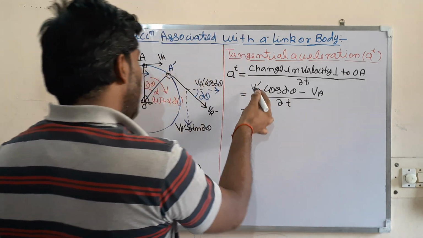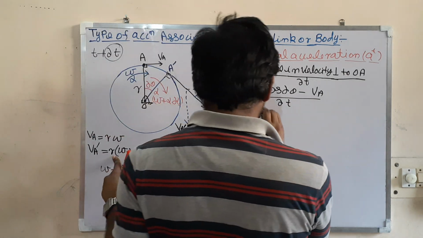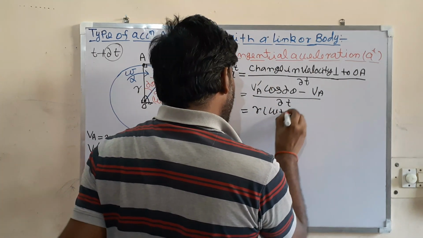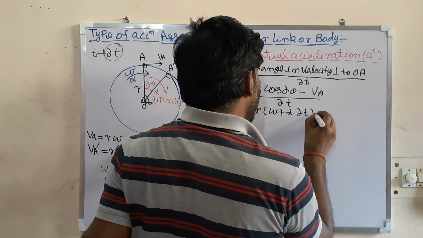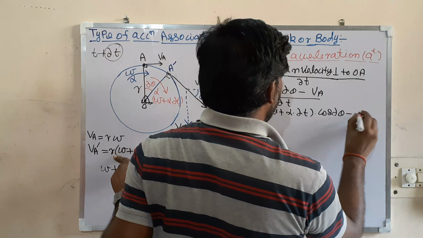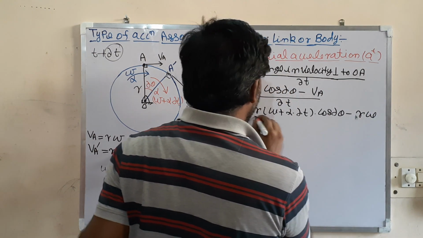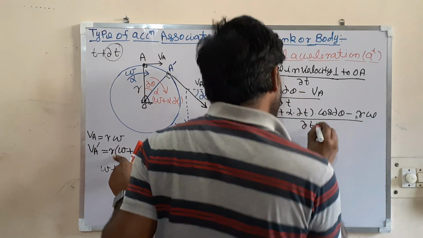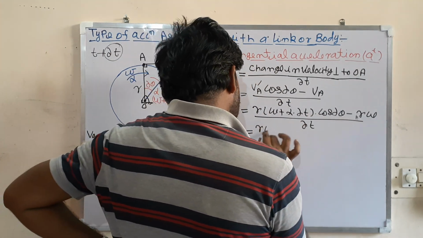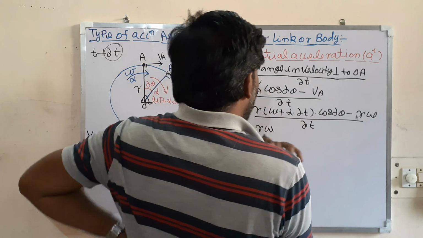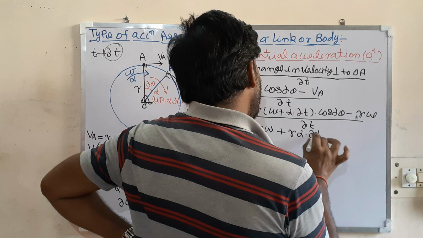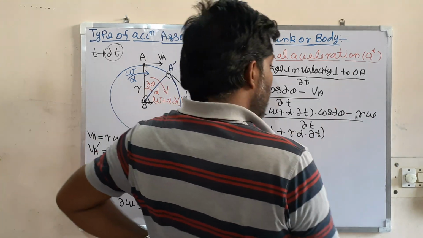Let us put the value of VA dash from here. Look at this: it is (R omega plus alpha into del t) into cos del theta minus VA, which is R omega, divided by del t. Let us open this. So this becomes R omega plus R alpha into del t, times cos del theta, minus R omega, divided by del t.